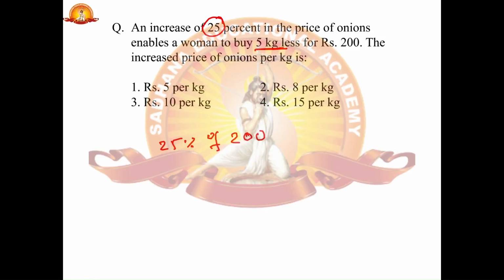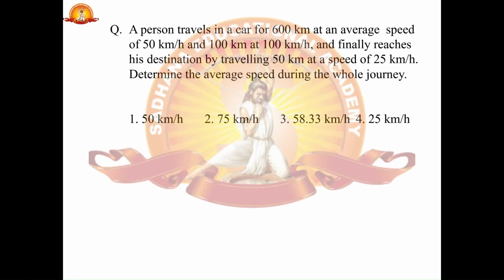This is the deficit amount for which we are losing 5 kgs of onions. Therefore, 5 cancel here, 5 times 5% of 200 is 10. 10 rupees per kg is the onion price, which is the new or increased price of onions per kg. So the third option is the correct answer.